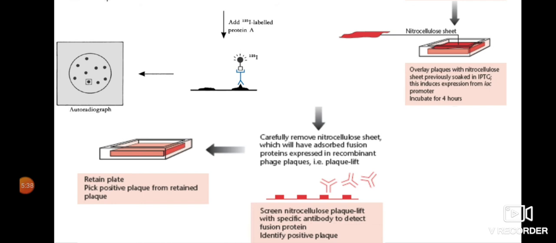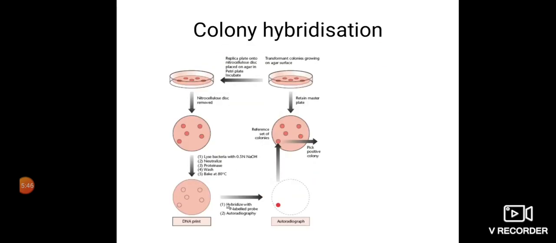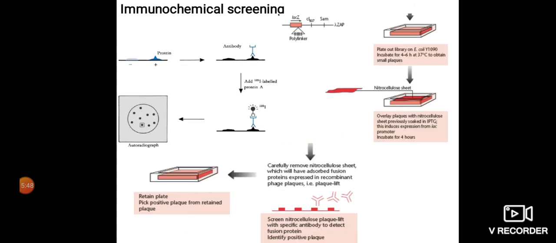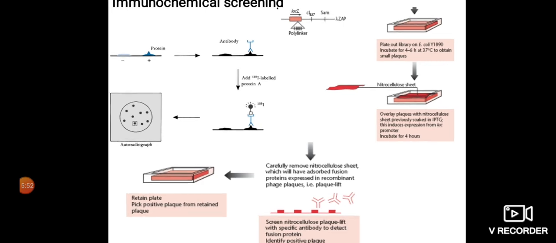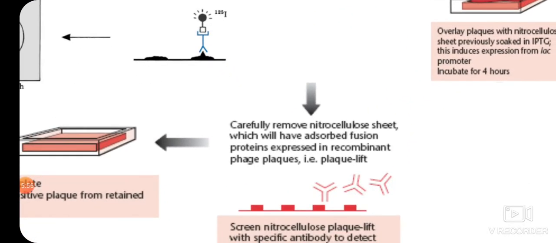because this nitrocellulose membrane will be attached with the fusion proteins which have been created as lambda lacZ fusion proteins within the lambda ZAP. So when these proteins get produced, they will have the lambda lacZ portion as well as our target DNA portion.